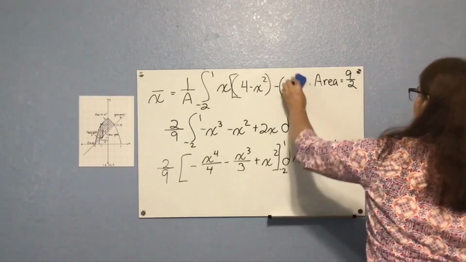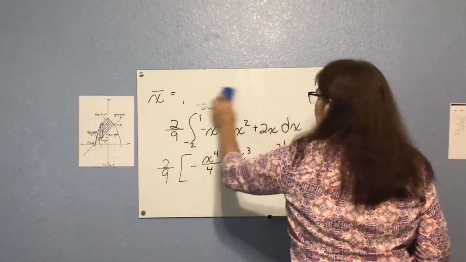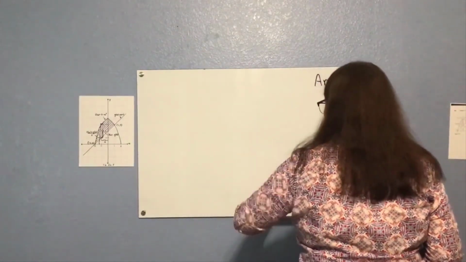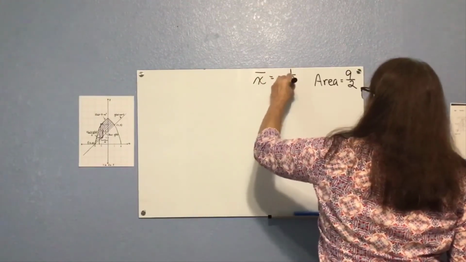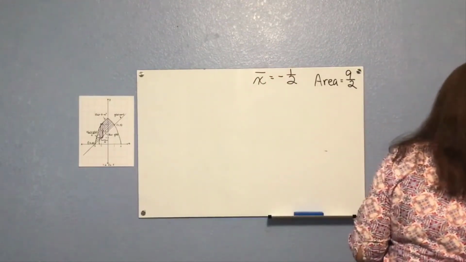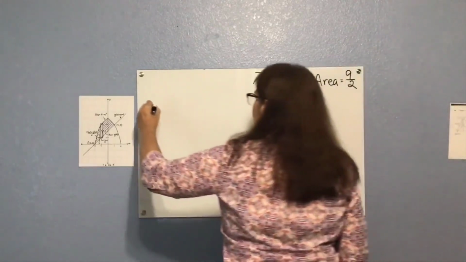So once again, I'm going to write that up here so I have a little more room to work. X bar is negative 1/2. Now let's look at y bar.